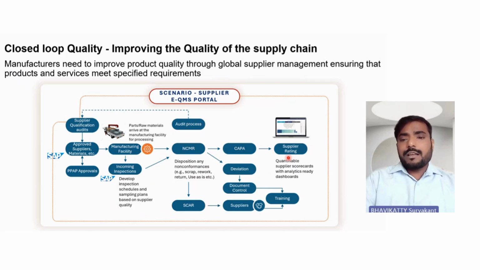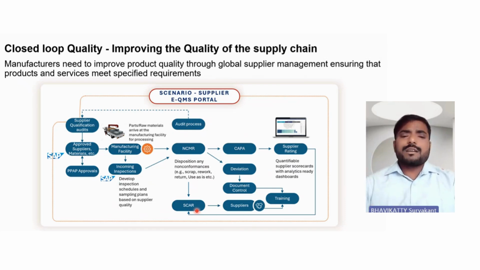If the supplier is in the yellow or red category, then that again is connected to a SCAR application, because in this condition the supplier has to submit the supplier corrective action reports to improve their rating, right? And in some cases, some of the corrective actions can have an impact on the product design or the process design.